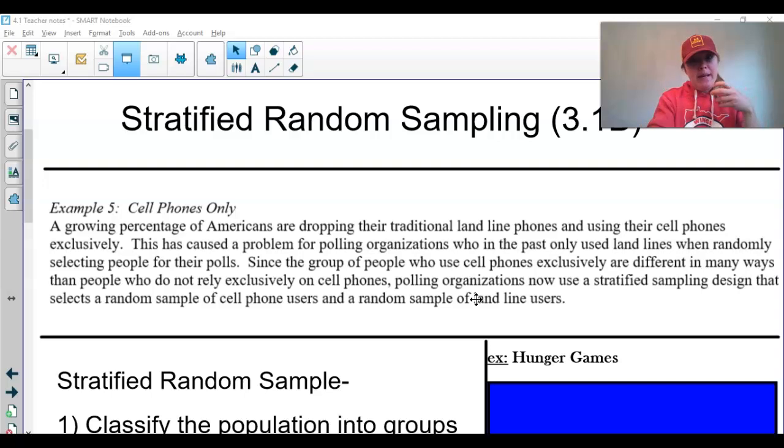So what would happen is they would randomly take out 100 traditional landline numbers and call these people and poll them. But that's missing out on those people in their 20s that possibly don't have a traditional landline.